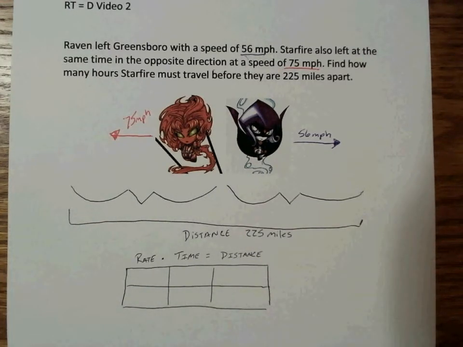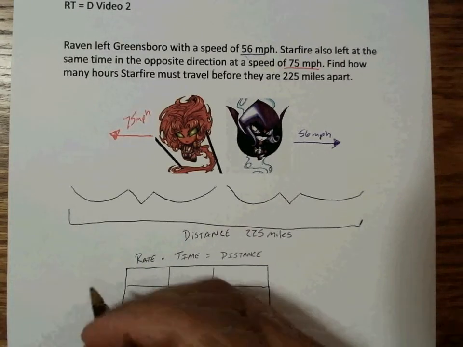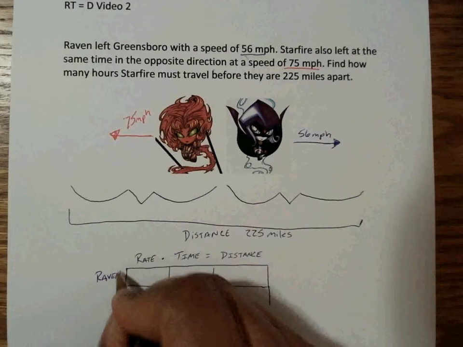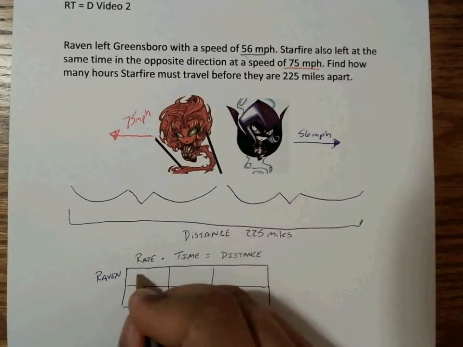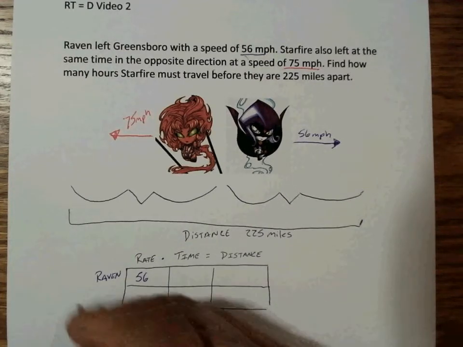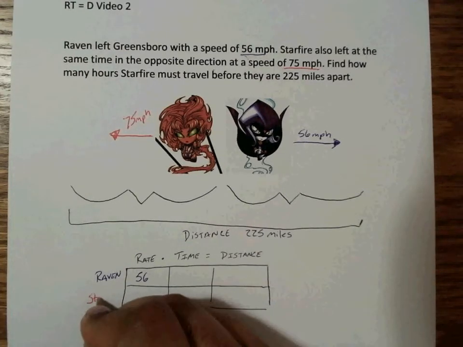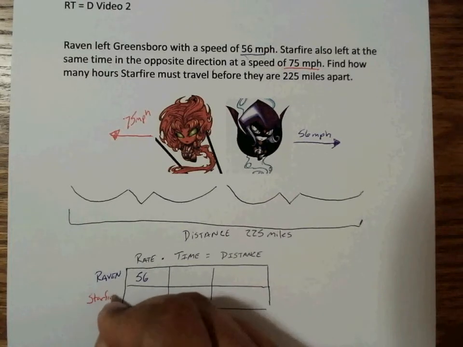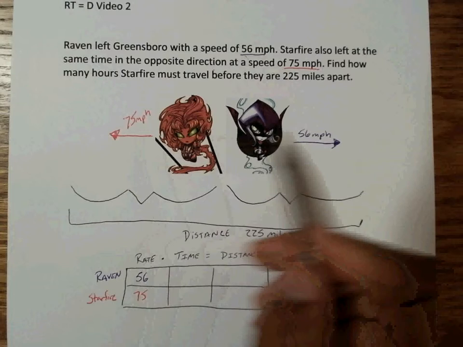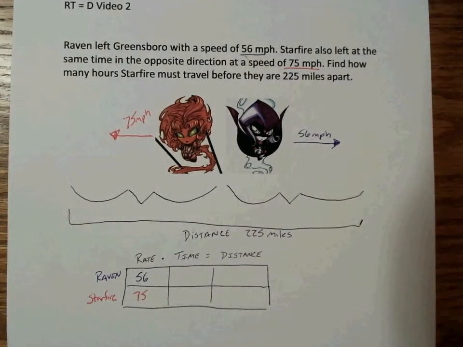So hopefully everybody thought of Raven and Starfire. We know Raven's rate is 56. I'm going to write her rate. That's kind of a given. And our other person is Starfire. And what is Starfire's rate? That is correct, 75. We can see it both here in our diagram and in our word problem.